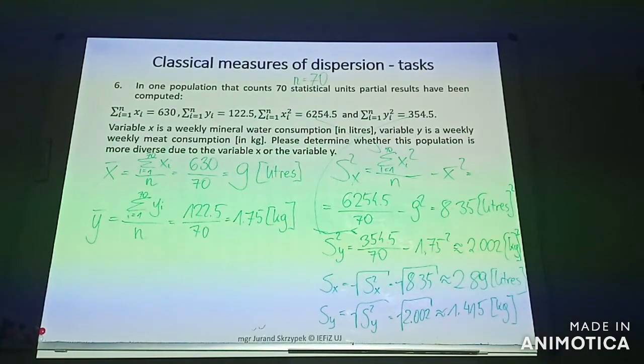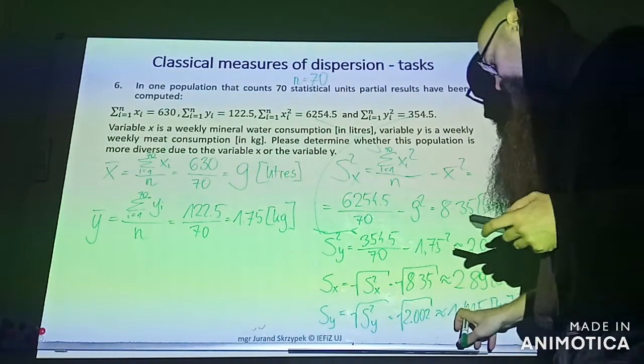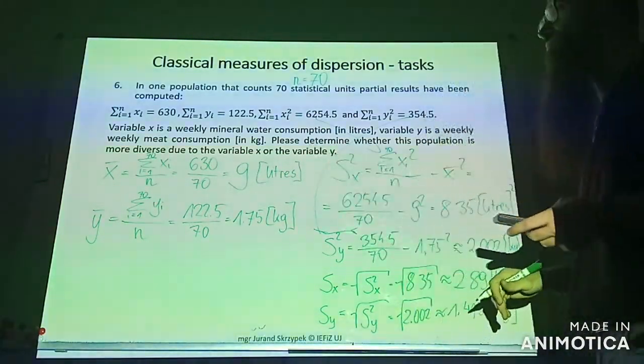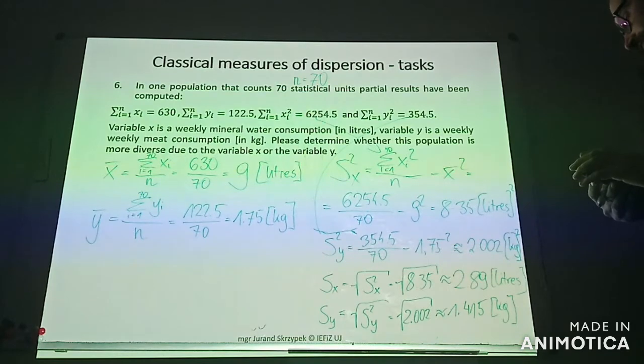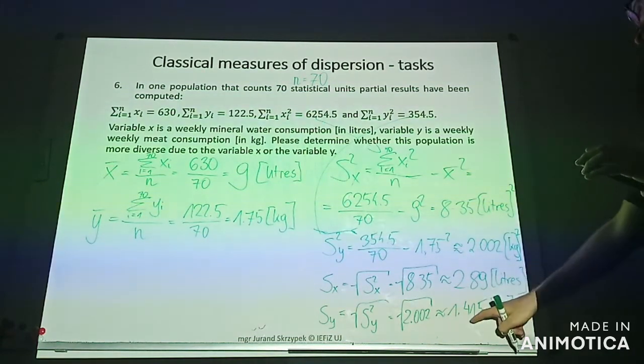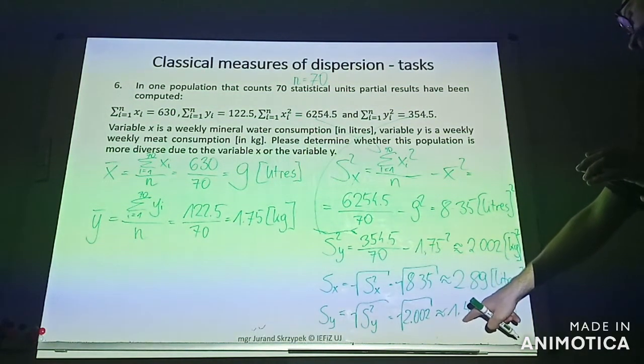So we see that weekly meat consumption deviates from the mean by about, on average, 1.4 kilograms.